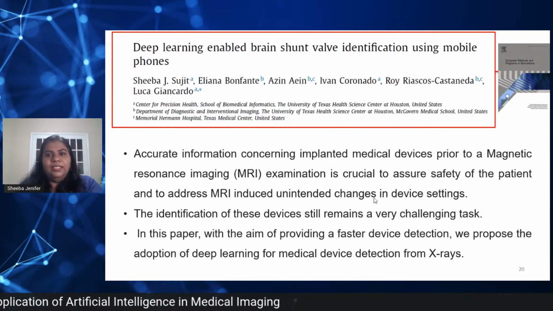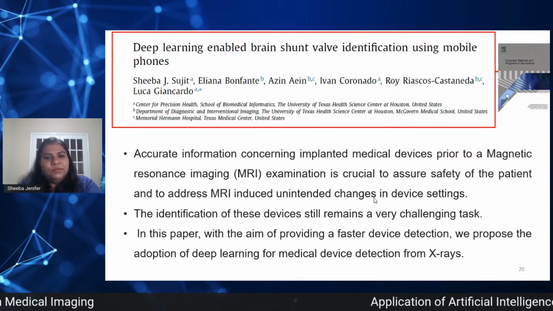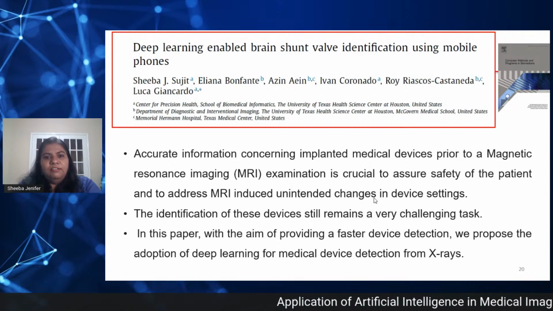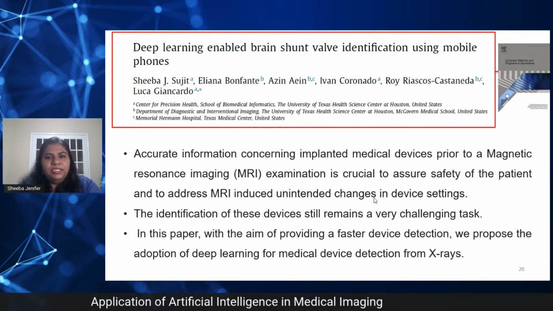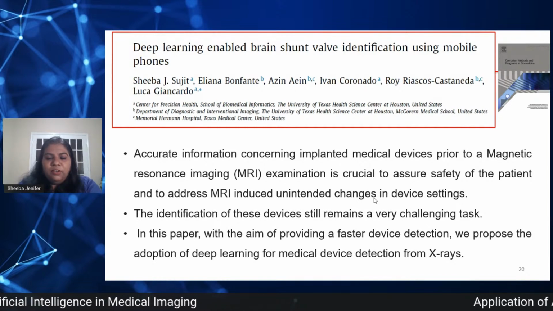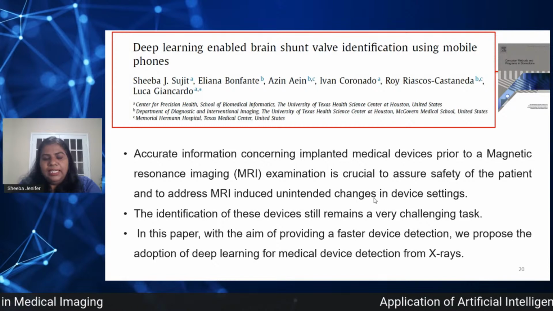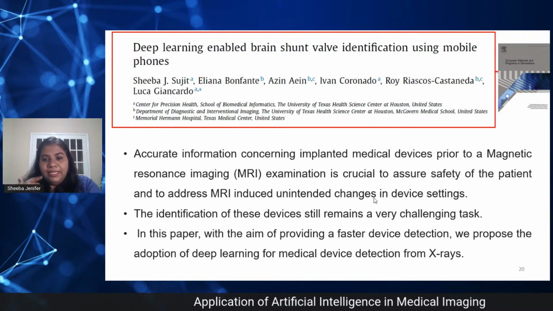And another project, as I said, that I will discuss today is again related to clinical workflow. But the aim of this project is MRI safety. For example, if a patient is sent for scanning in an MRI machine, there should not be any metal devices.